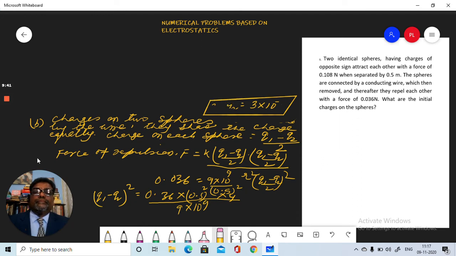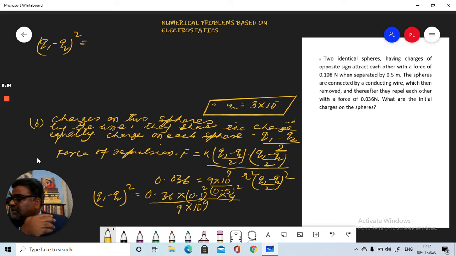So you have here Q1 minus Q2 whole square equals 2 into 10 raised to the power minus 6, or Q1 minus Q2 will be the square root of that, which you can calculate.